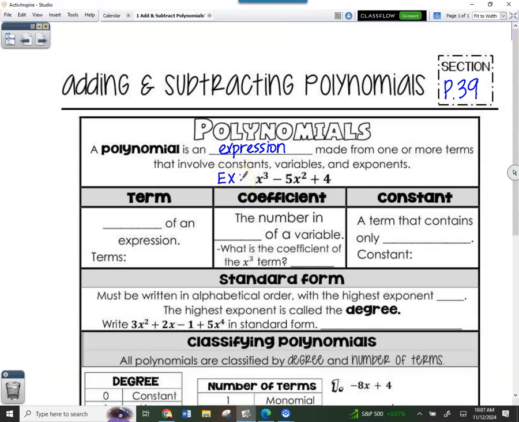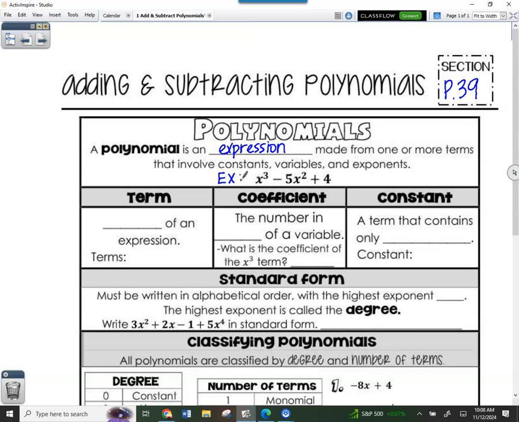The way you read it is x cubed minus 5x squared plus 4. That's a polynomial. Does anyone know what poly means, the prefix? Many. Nomial, name. Many names, or many terms is another way to think of it.